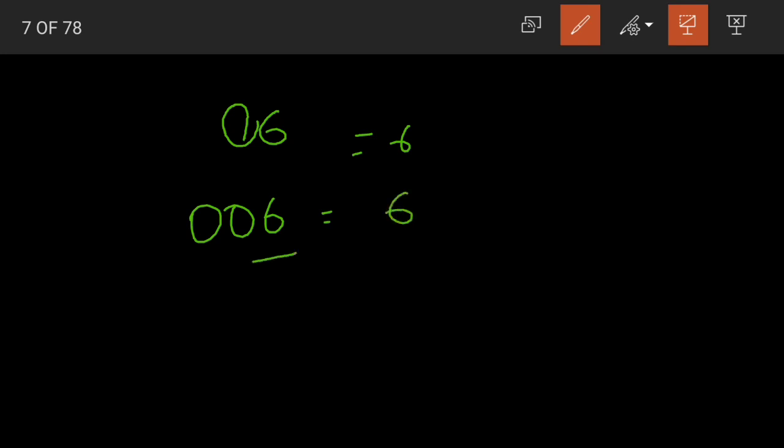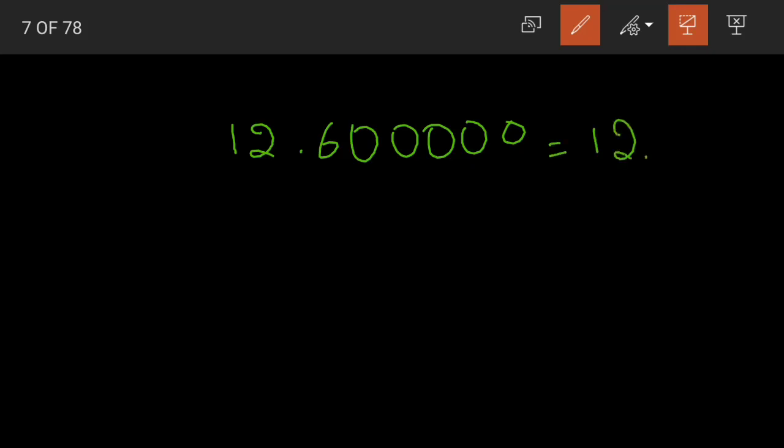Yes or no? So if I place any number of zeros to the left of a given number, the value does not change. Now the same for decimal numbers. If I place any number of zeros to the right of the decimal places, the value does not change. 12.6000 is equal to 12.6.